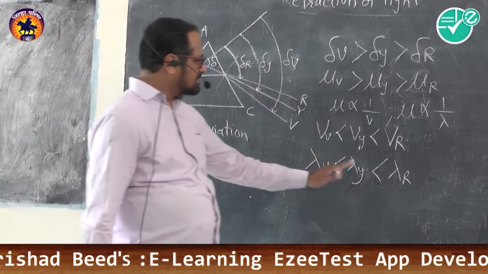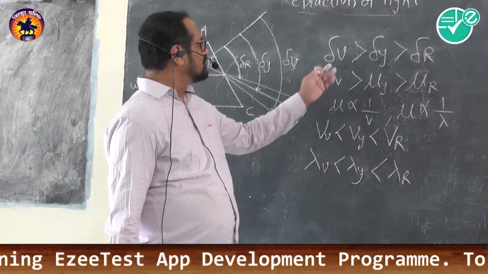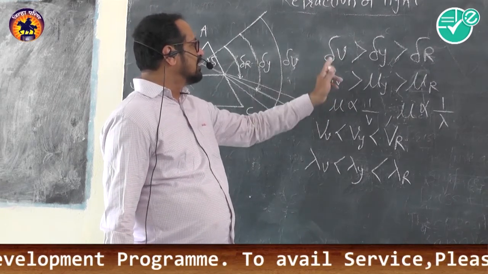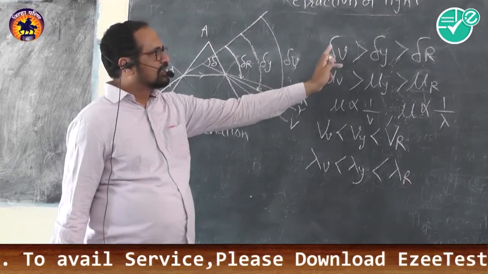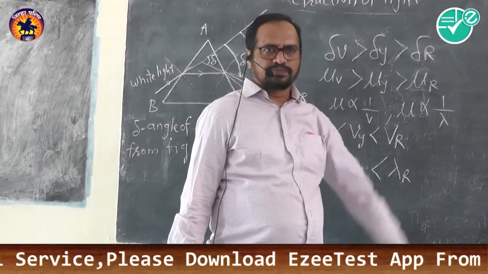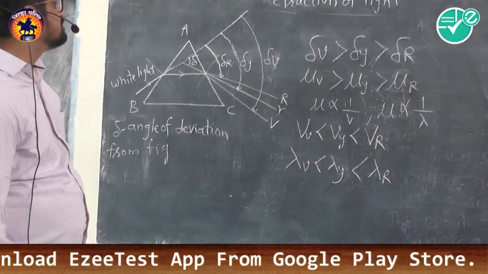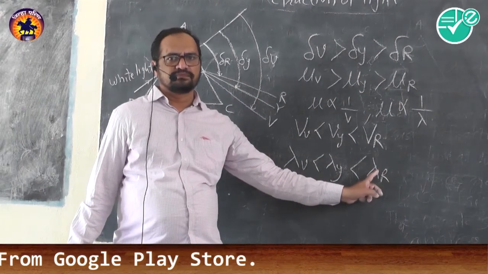But as this is inverse to the refractive index, and the angle of deviation of the violet color is maximum compared to the red color, it is shown that different colors have different wavelengths.